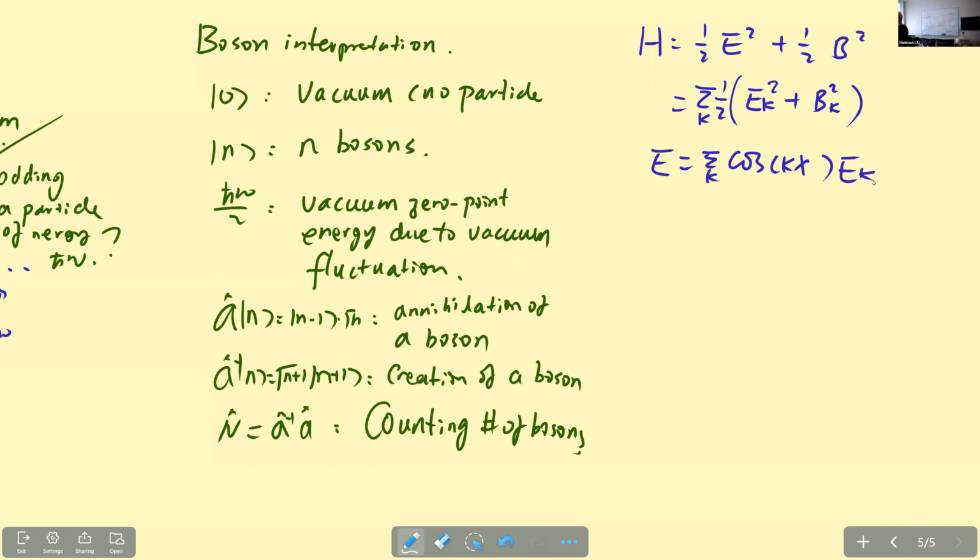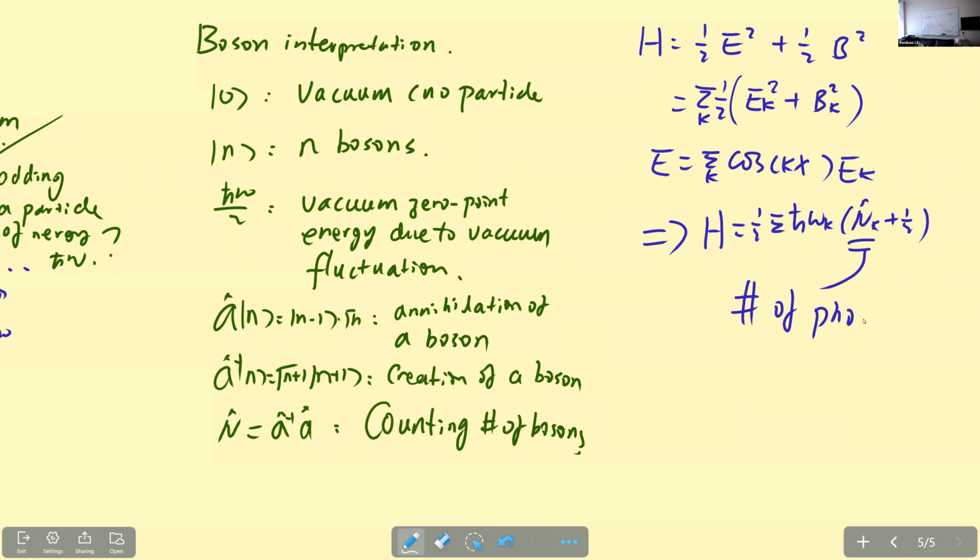So you can do this, then you can decompose them. This way you can obtain that H equals the summation of h bar omega_k times the number of photons of momentum k plus 1/2. So this is just the number of photons.